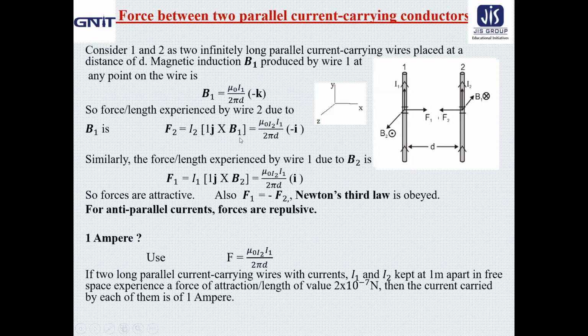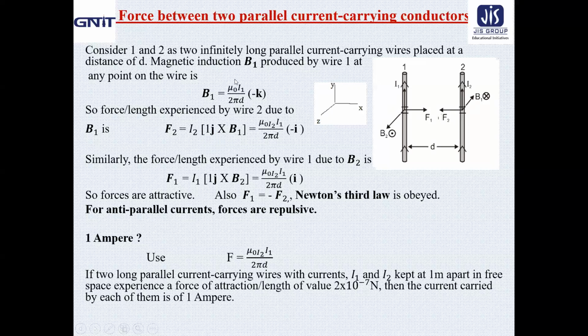F2 is the force encountered by this current carrying wire 2 carrying current I2 in the form of I L cross B. Force per unit length we have taken because the length is infinite. That is 1 into j cap, because it is along the direction of y.